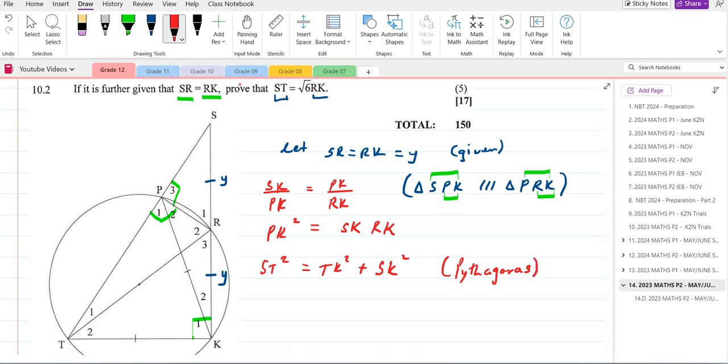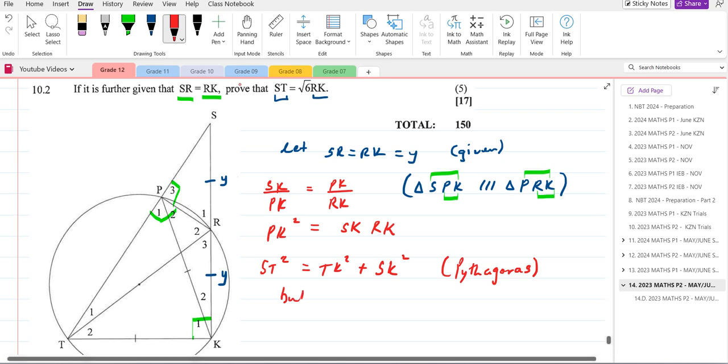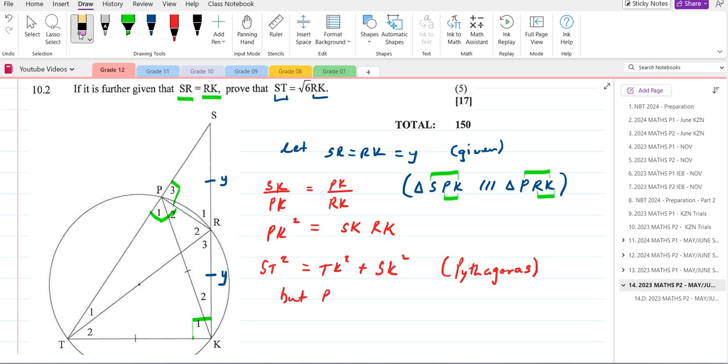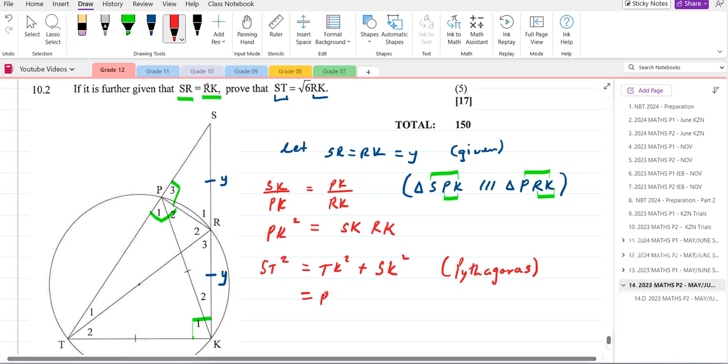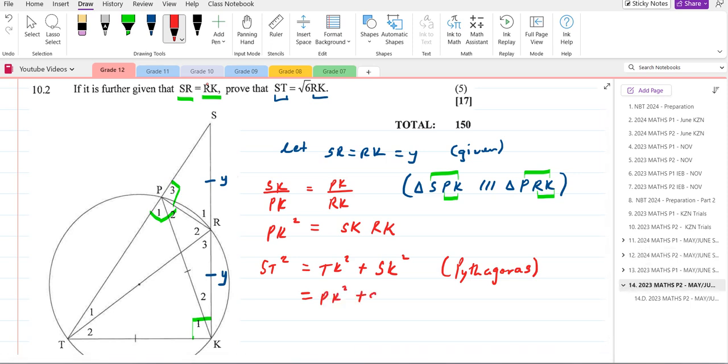But what do we have? We have that PK is equal to TK. Let's just replace TK with PK squared, because PK is equal to TK, and that was given.